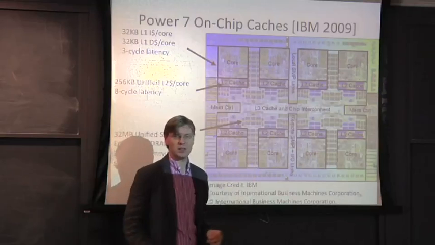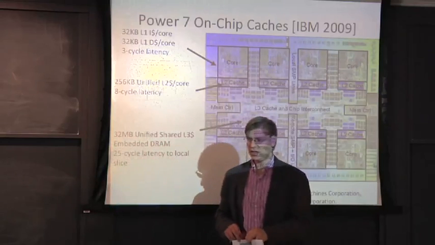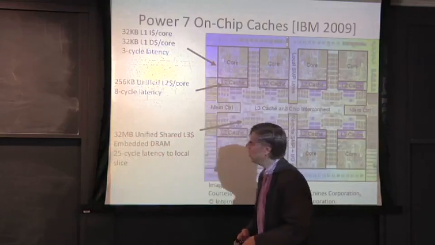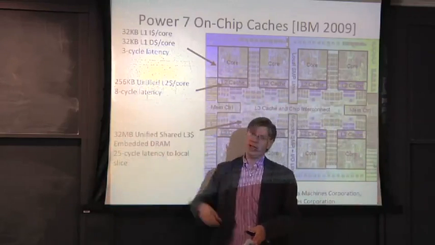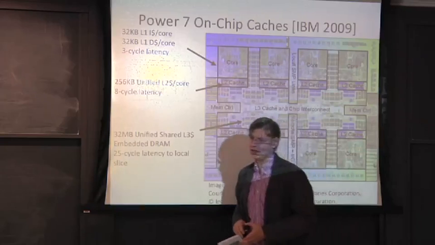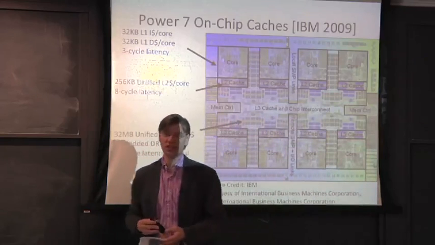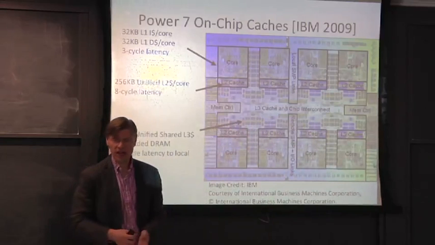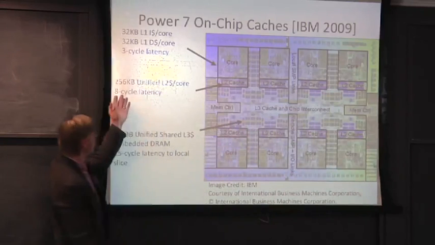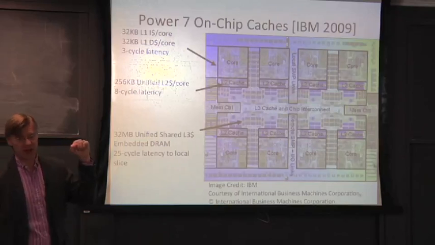It's a 3-cycle cache latency. And as we go farther out, we have an 8x step up in cache size, at least from a data cache size perspective. So we go from 32 to 256, and the latency is worse. We have 8 cycles of latency to check our level 2.